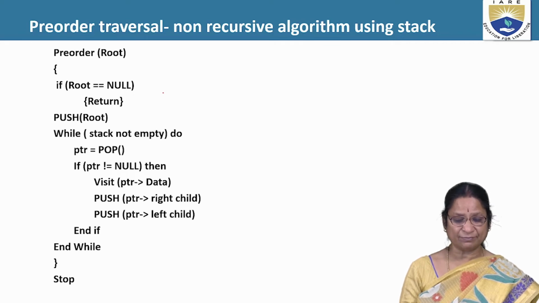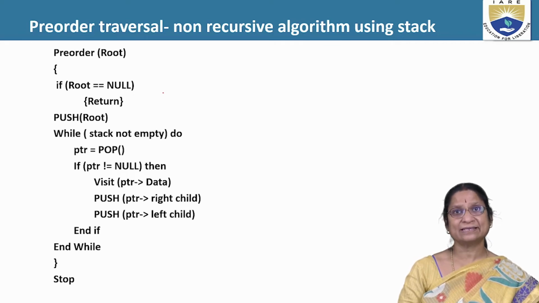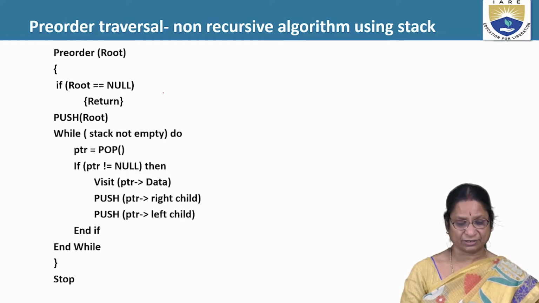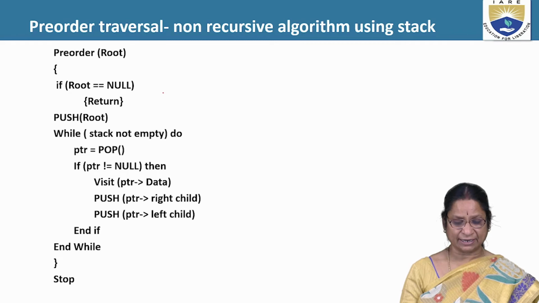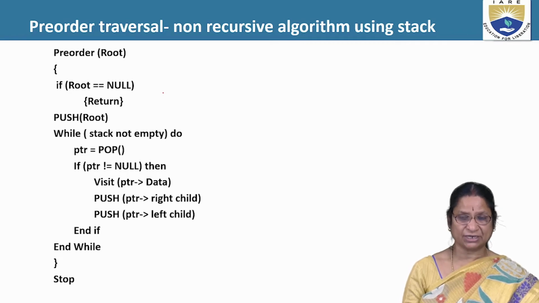While stack is non-empty, do. So as long as the stack is non-empty, we will continue. Stack empty means no elements are there further. PTR is equal to pop. If PTR is not equal to null, then visit. Then we push the right child as well as the left child, and this is going to be processed.